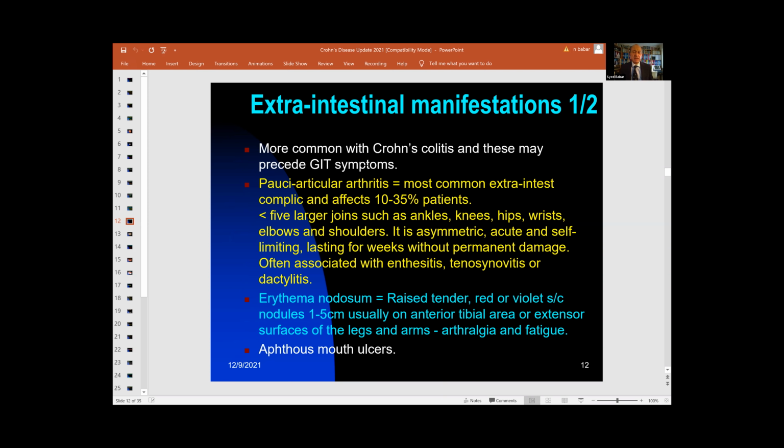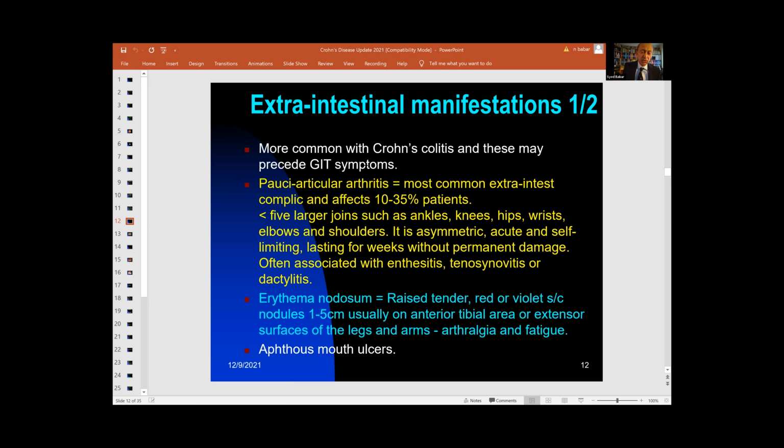And so there is non-weight bearing, vague arthritis affecting joints such as ankles, knees, hips, wrists, elbows, and shoulders in an asymmetric manner, distinguishing it from rheumatoid arthritis, of an acute and self-limiting nature, lasting for weeks but leaving behind no permanent damage on the articular surface.